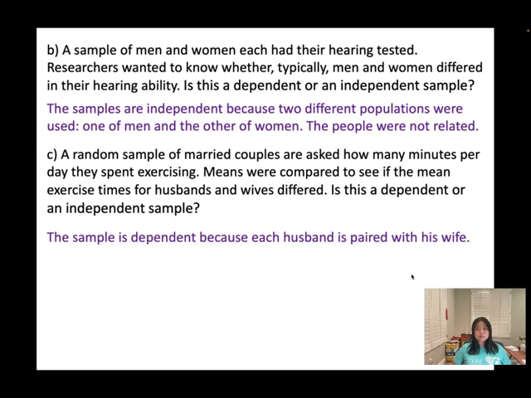Because each husband is paired with his wife. Husband and wife is going to be a pair. So for these sessions, when you are working on hypothesis testing or confidence intervals, first you have to know whether the question is talking about a dependent sample or an independent sample.